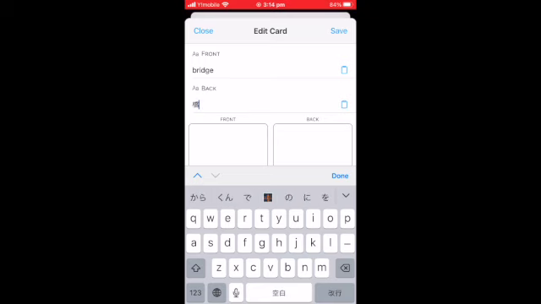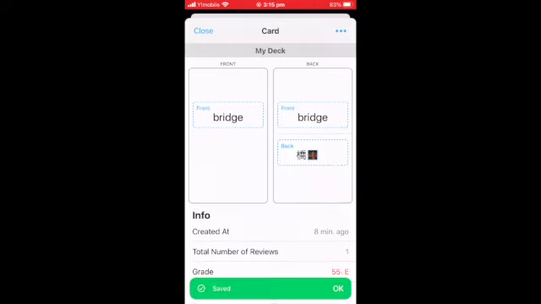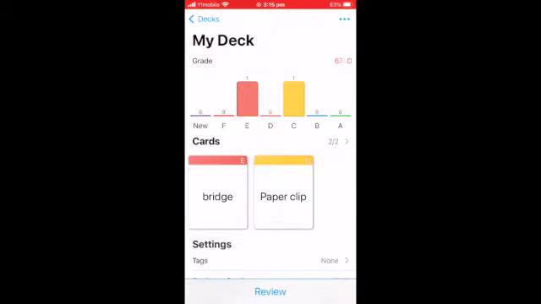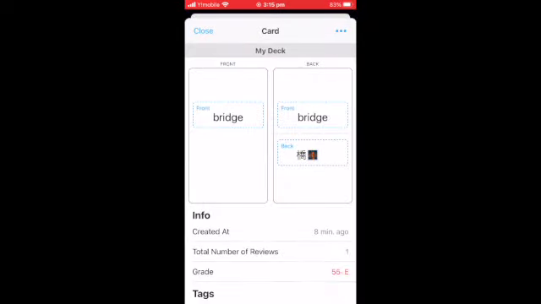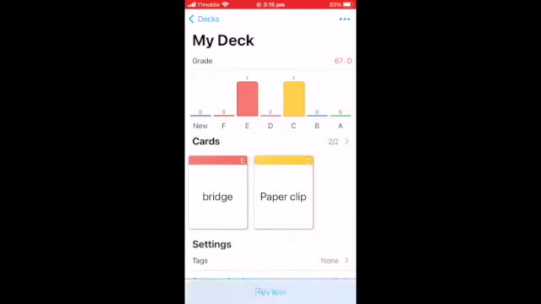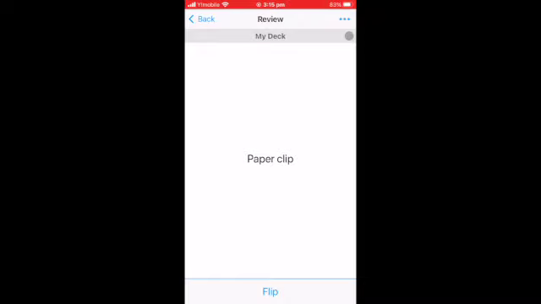So the example here is bridge, started with an easy one. Then you go to the cards and you go through them. If you successfully memorize, you pick easy. And if you don't, you can pick fail or hard. And you will see that card more often. It's a great system.